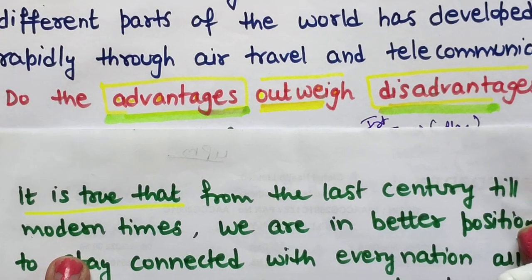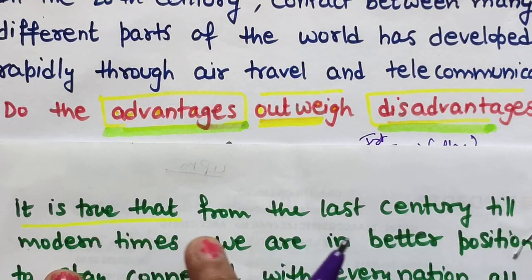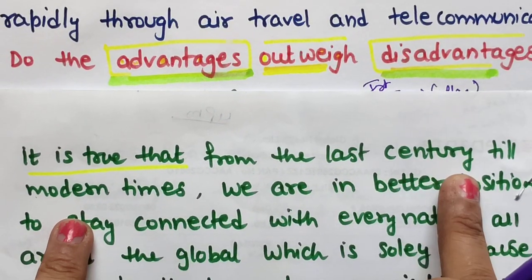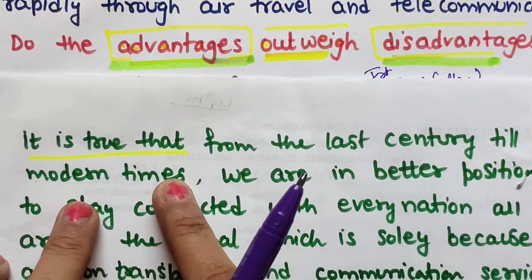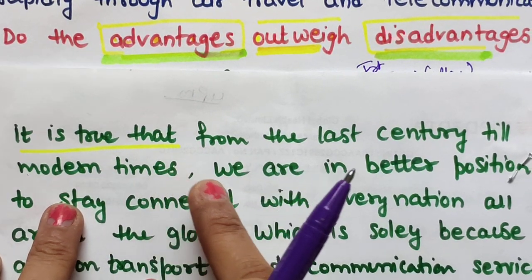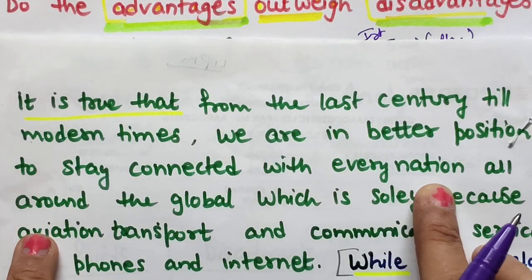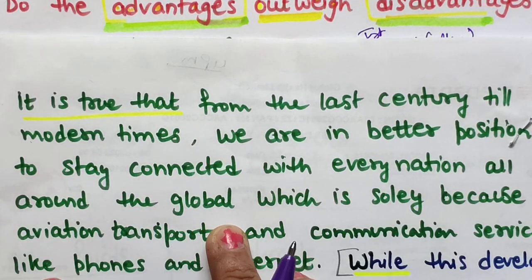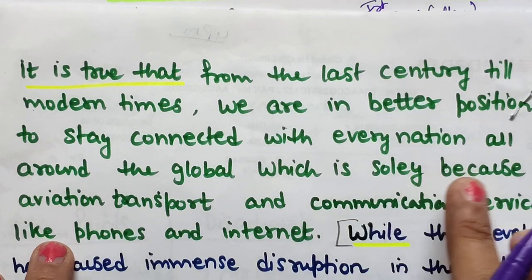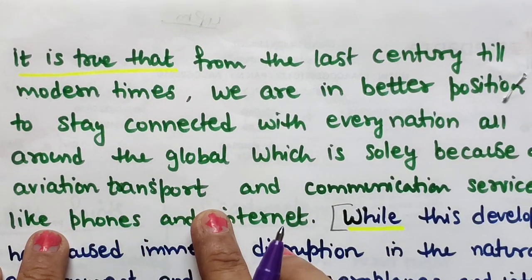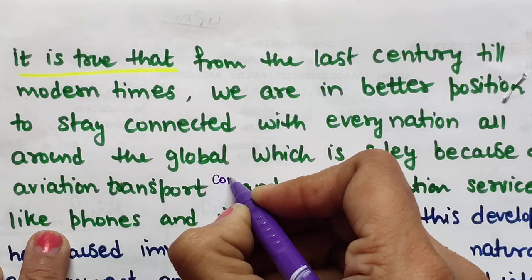So here I have written, you can see this. It is true that from the last century till modern times, so I have added this phrase, from till modern times, we are in a better position to stay connected with every nation all around the globe, which is solely because of aviation transport companies.